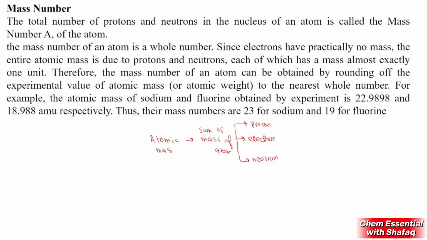If we talk about their relative atomic masses, the mass of a proton is 1.0073 atomic mass units. The electron is a really very light body. Its mass is only 0.0005 atomic mass units, while the mass of a neutron is 1.0087 atomic mass units. Now these masses are given. You can see the mass of the electron is very small, so we can almost consider it negligible.